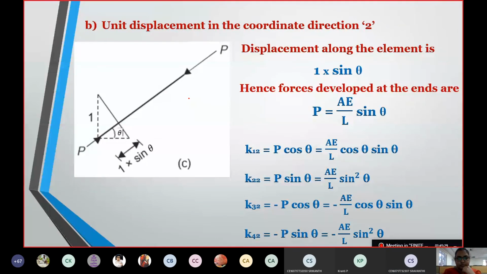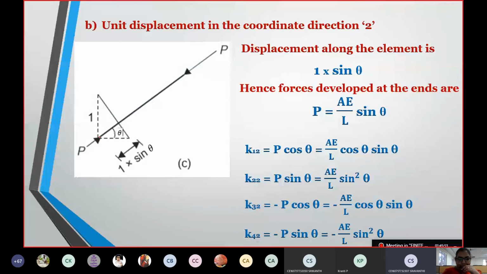Yes. Ma'am, here we are giving load for 2, no, ma'am, in second direction. Then we are getting 3, 4 as negative. Why we are not getting 1, 2 negative? Like we should get it.